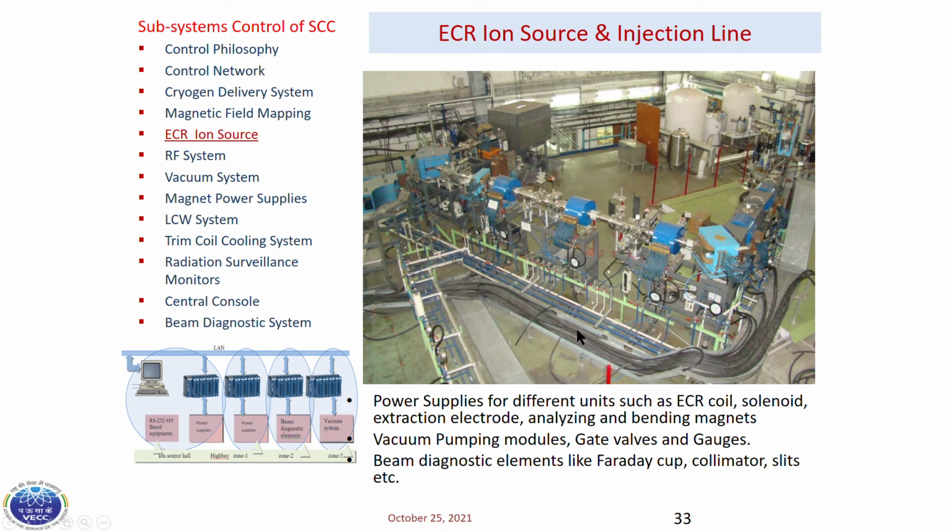So the main control system is based on proprietary field point modules, and the control application is written in LabVIEW. So entire setting of parameters and control and monitoring from remote location is done from cyclotron control room.